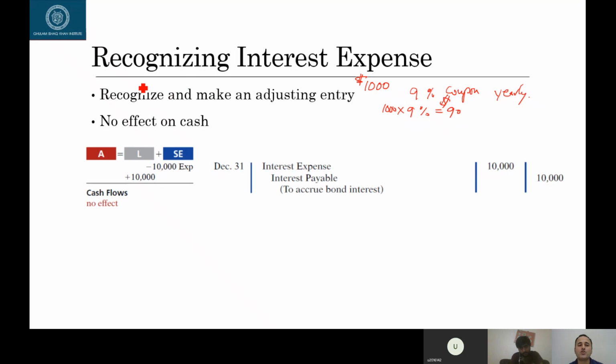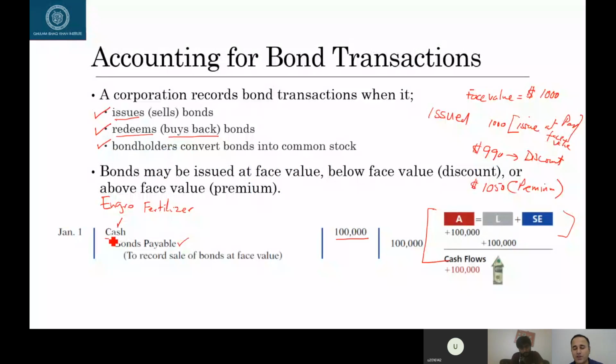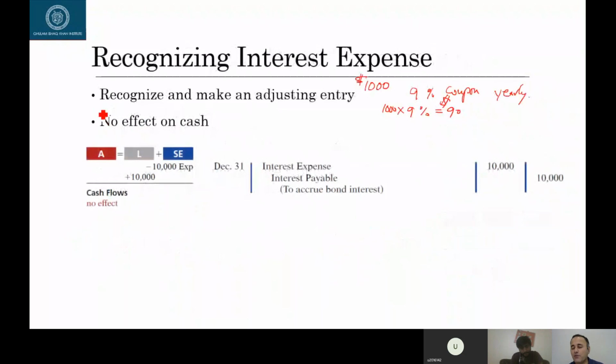Whenever a company issues a bond, of course they make this entry: debit cash and credit bonds payable, because that one is a liability. But at the end of the year, they have to accrue the interest. So they have to make an entry for the interest expense as well.